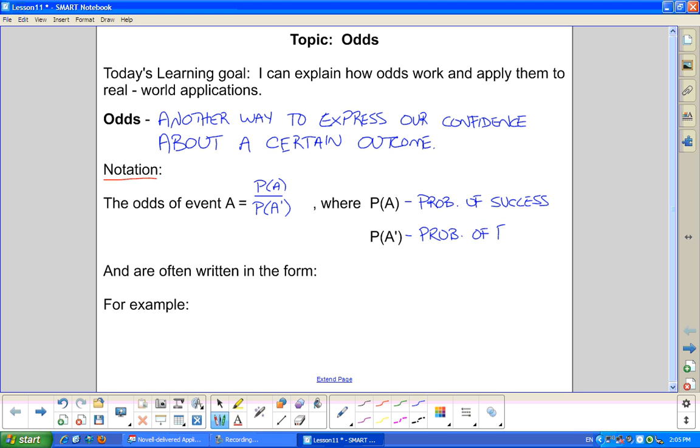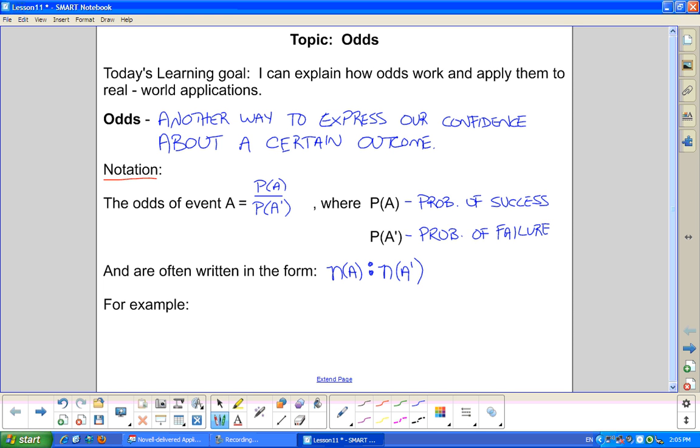So it's a ratio or a comparison between success and failure. And more commonly, it's written as the number of ways success could happen as a ratio of the number of ways failure can occur. So N(A) to N(A prime).